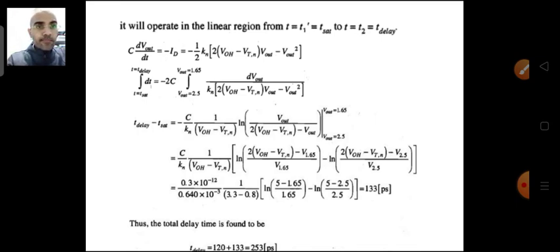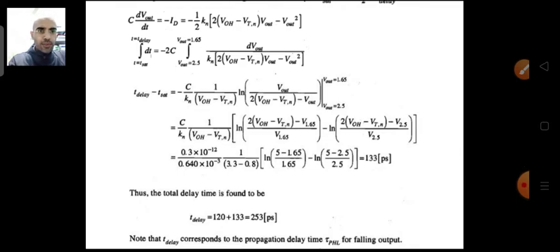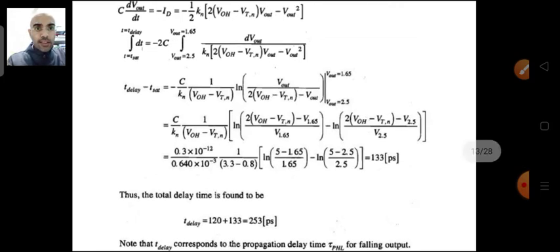After substituting the limits and solving the integration, because all the parameters required to solve those equations are already calculated, we get 133 picoseconds. So for 133 picoseconds, the NMOS transistor will operate in the linear region, whereas for 120 picoseconds, it will operate in the saturation region.